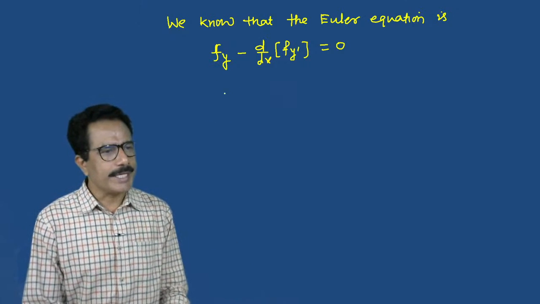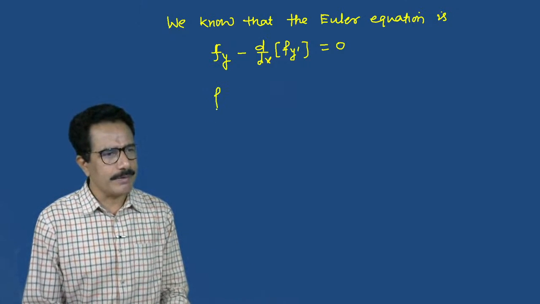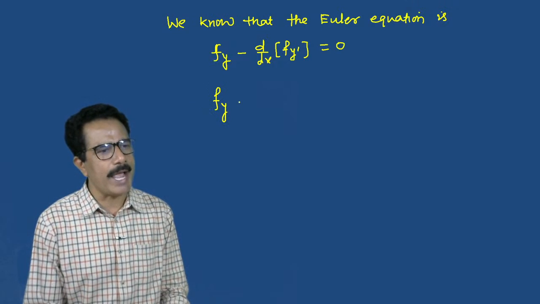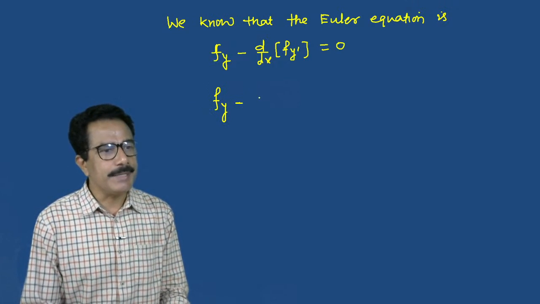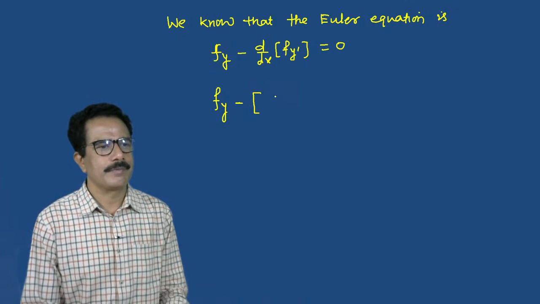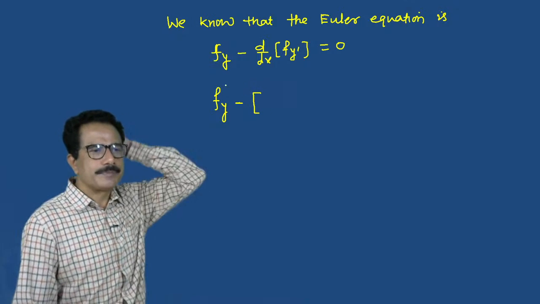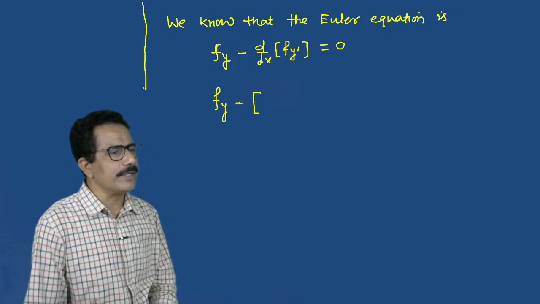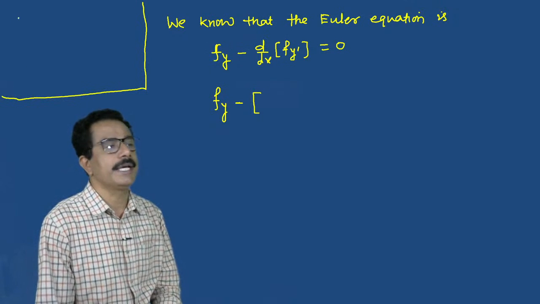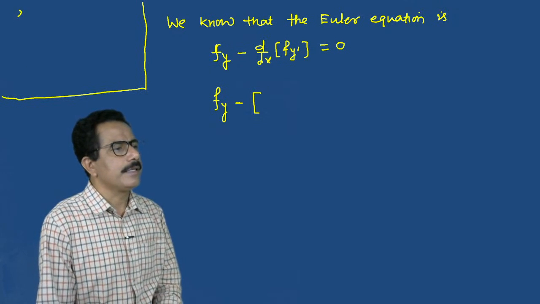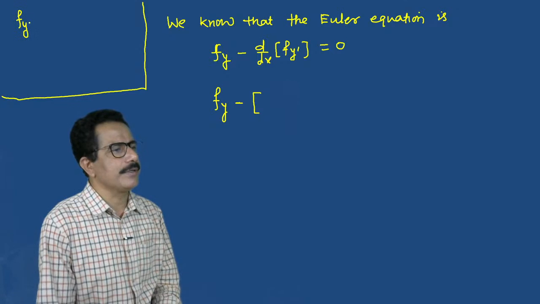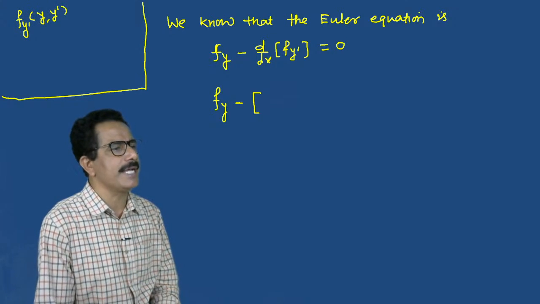So we can write this as F suffix y minus d by dx of F y dash. Now F y dash is a function of y comma y dash.